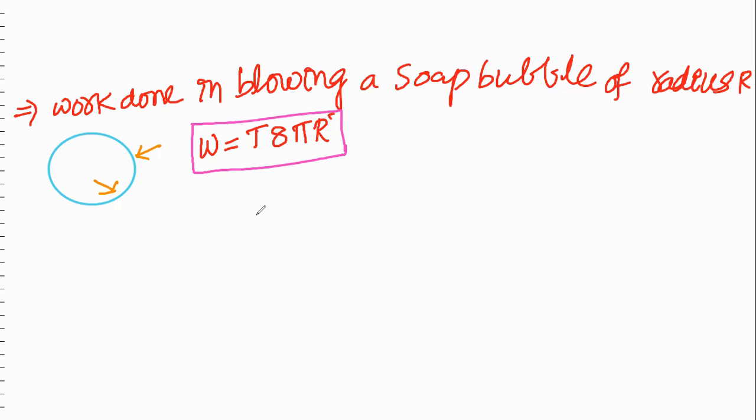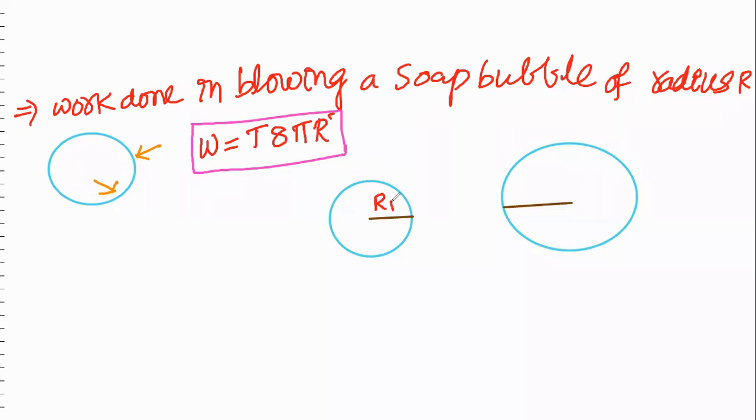If you want to increase the radius from R1 to R2, a soap bubble of radius R1 is there. This radius R1 to R2 we have to increase. The initial radius is taken as R1, and it should be increased to R2.